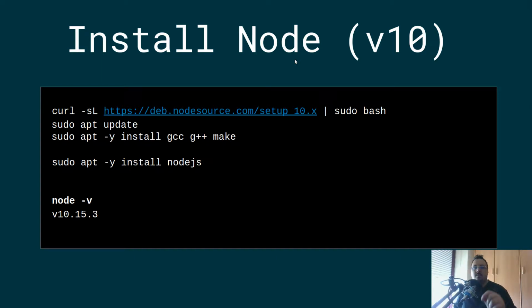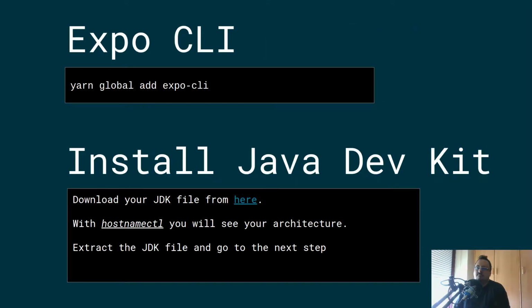I don't go with LTS, I just use developer mode. I should be having 10.15, but I have another more advanced one. But you know, any Node version 8 or above is enough. I'm going through this quickly because I think it's not necessary to explain all the steps.